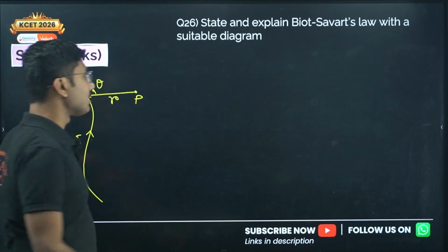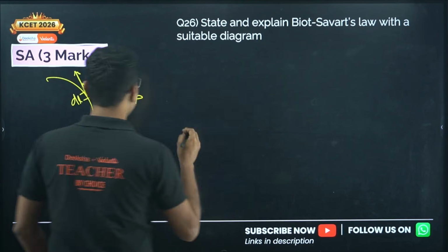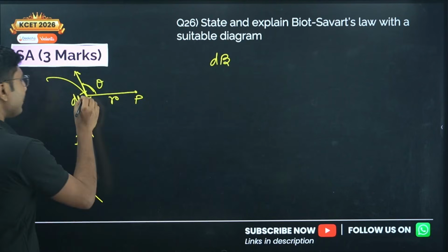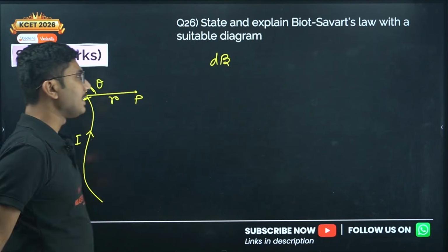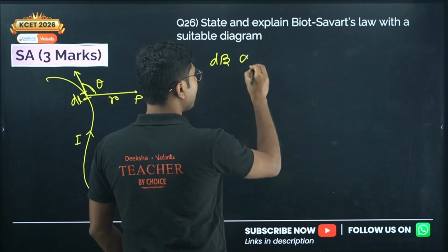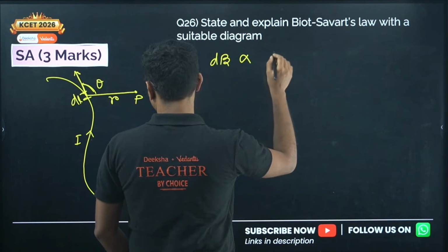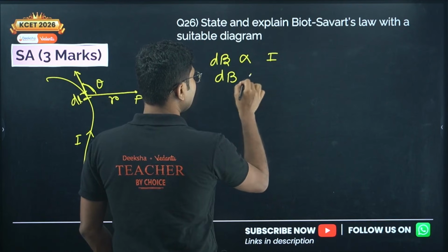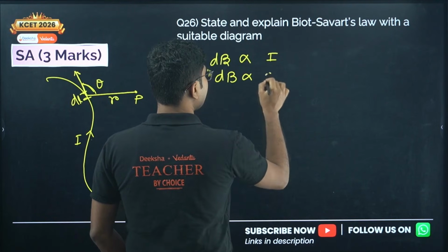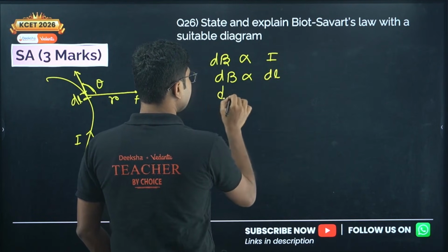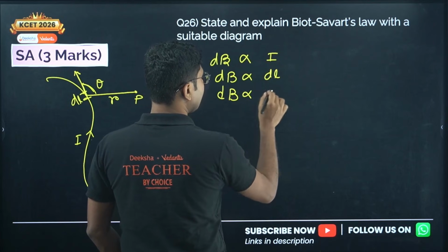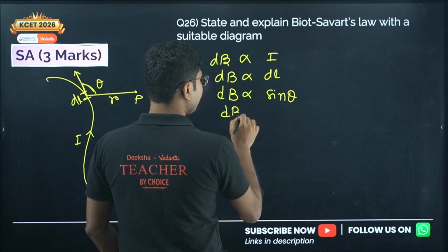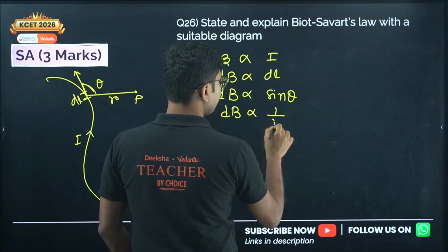Then Biot-Savart's law states that the small magnetic field dB due to this element at point P is directly proportional to the amount of current that is being passed, dB is directly proportional to the length dl, dB is directly proportional to sine theta, and dB is inversely proportional to the square of the distance.